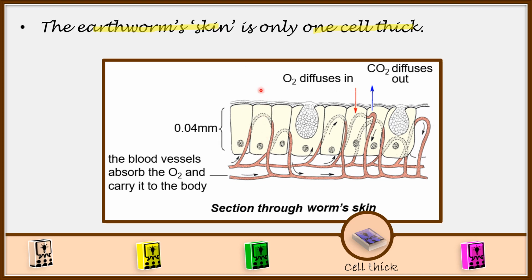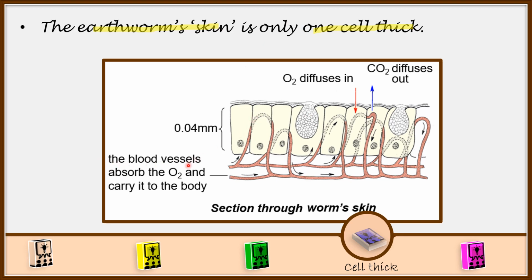So the distance from outside to the blood capillaries is 1 cell thick, meaning that oxygen can easily diffuse in and be carried into the blood capillary. Carbon dioxide can also easily diffuse outside. Why? Because the skin is made up of 1 cell only.